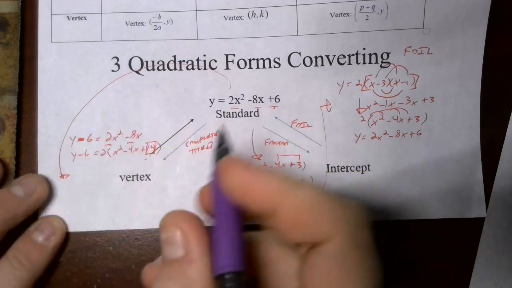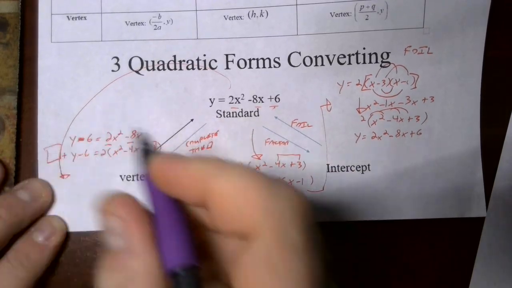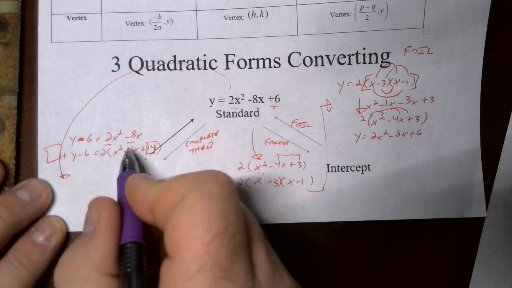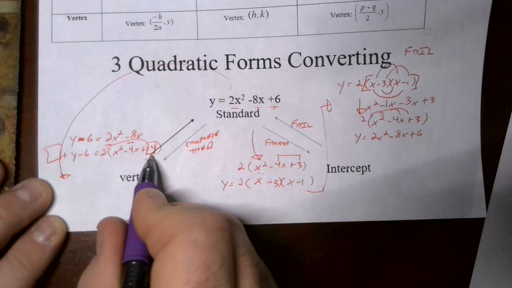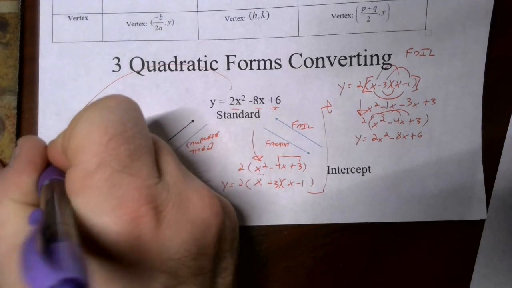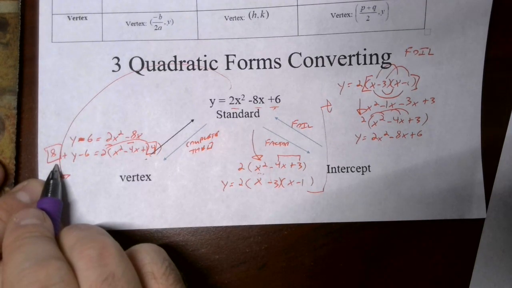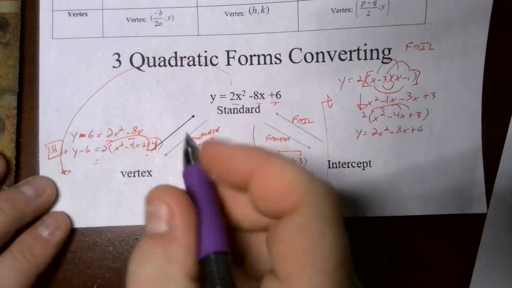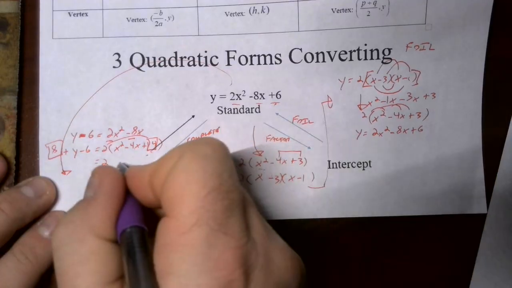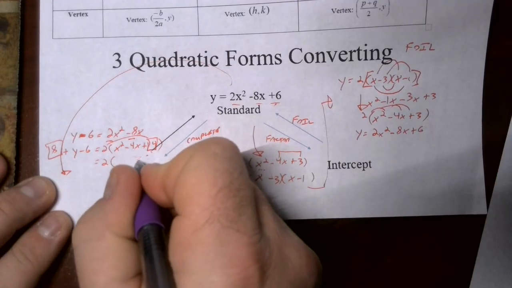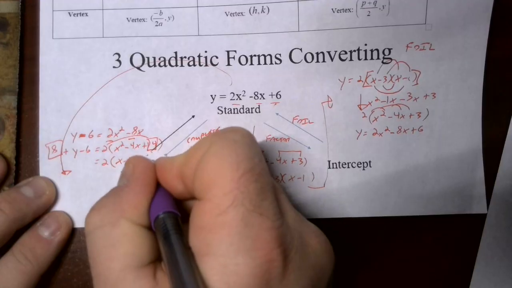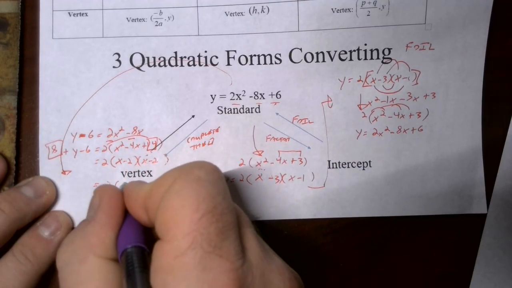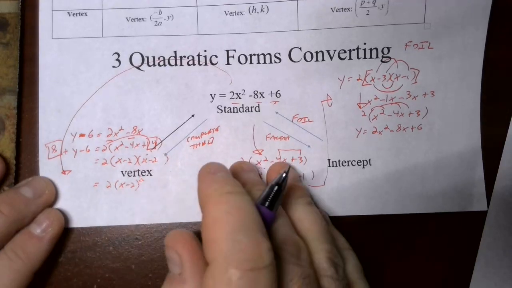Where you have to be careful is because I added 4 here, and that 2 is multiplied by it, you actually add 8 to the other side to balance the equation. So notice on the right side, I end up with 2 times the double x minus 2's in its factored form, which is really 2 times x minus 2 squared.